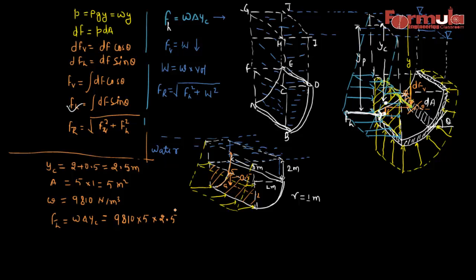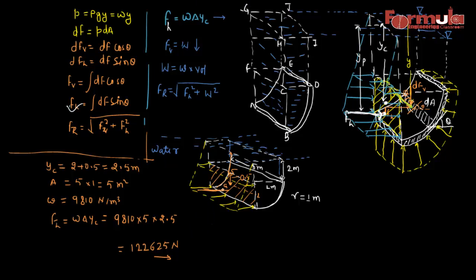This value is going to be 122,625 Newton. This is the horizontal force, and it is acting towards the right. Obviously this force is acting at the center of pressure.